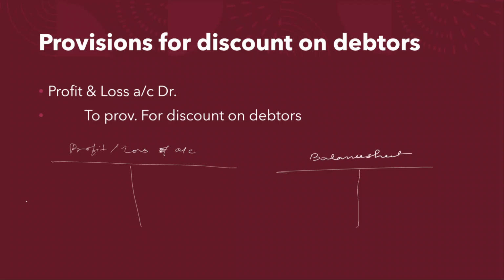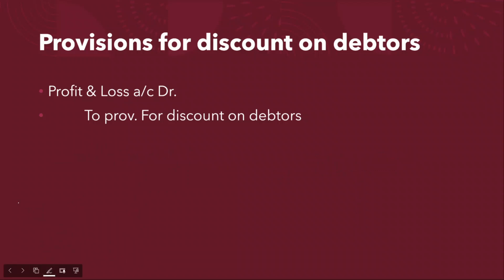So in profit and loss account, you will show it as provision for discount on debtors. Here you will write provision for discount on debtors.